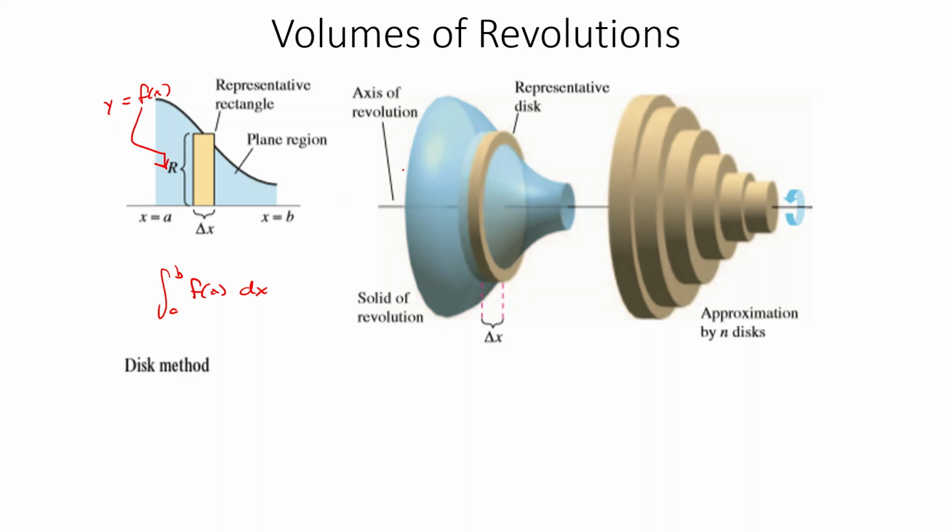Right? So now if we take that area and we spin it around the axis, instead of making a little rectangle, we'll now be making a bunch of little cylinders.